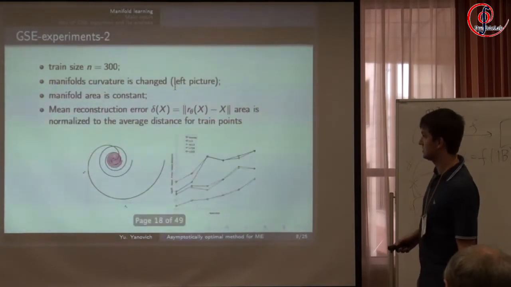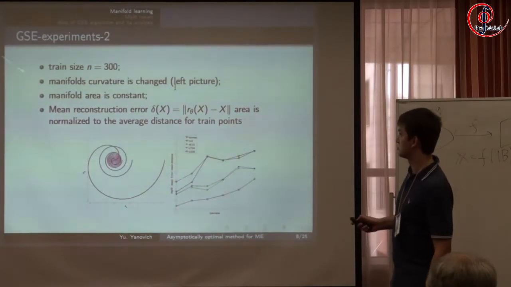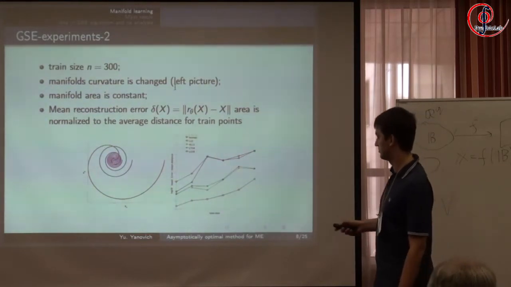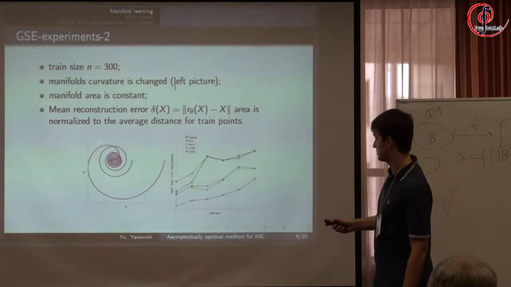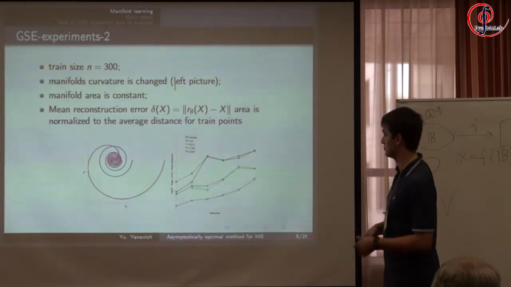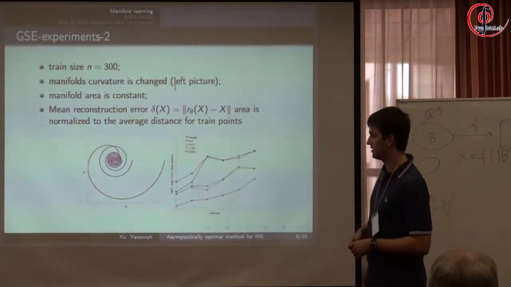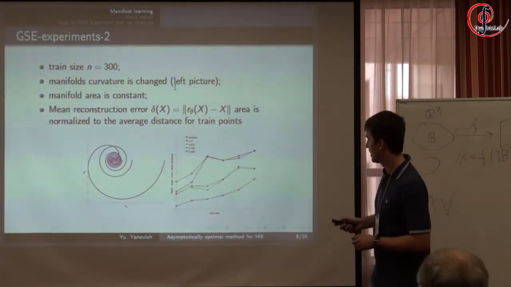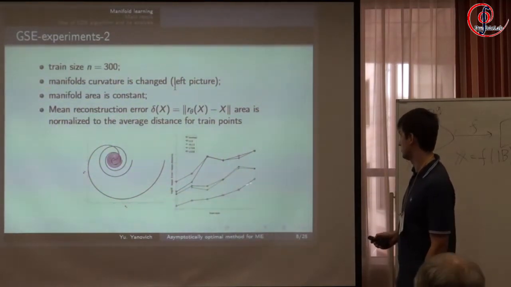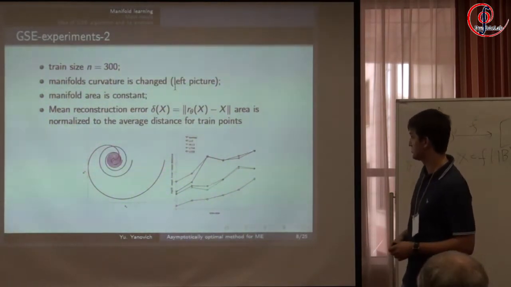Let's consider the next example. Here we fix the training size and change our manifold. For example, the first is such a manifold with only one roll, and we change the number of rolls in order to make our unknown manifolds more complex. And here are also the results of this experiment, and we may also see that the GSE algorithm provides a better solution.